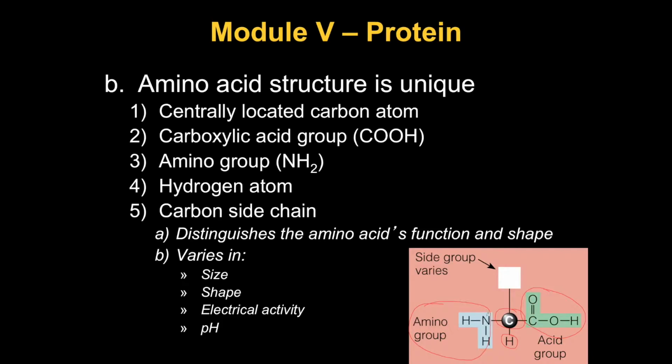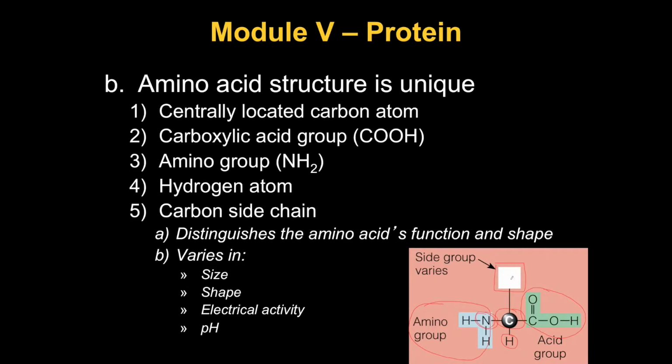The human body has a need for nitrogen, and it's nitrogen that makes amino acids so special. So we need to consume protein really for the nitrogen that amino acids contain. Now, all amino acids are going to contain this structure, but what makes them different among each other is this blank white square that you see here, which represents the side group.